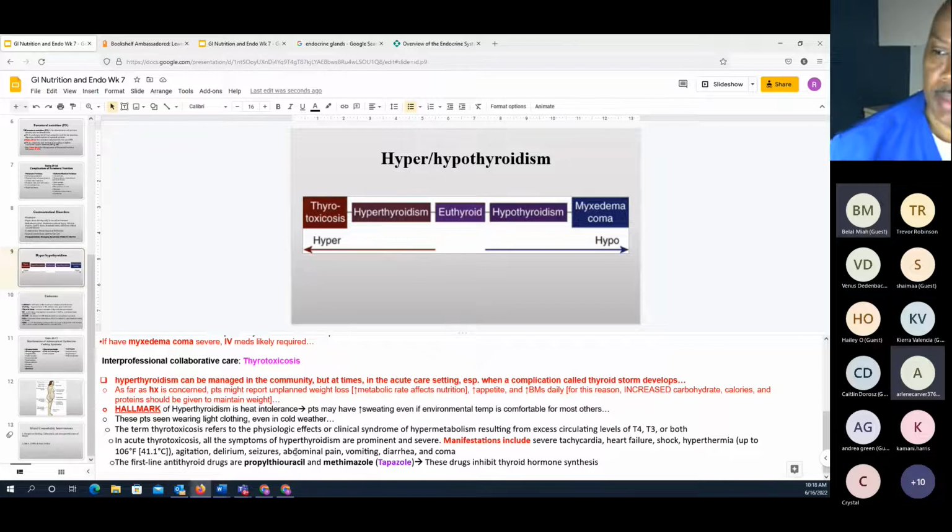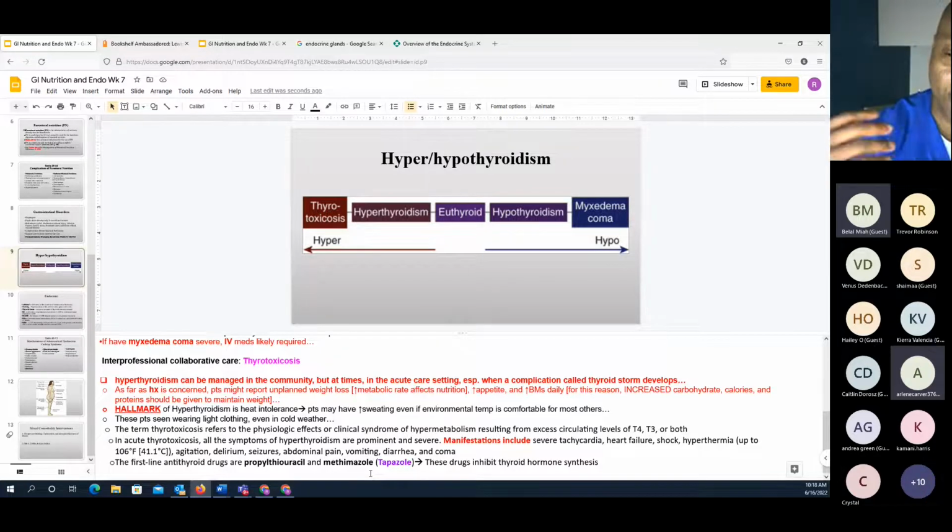Now typically we do manage thyroid conditions in the community, but when these complications occur, then they need to come to the hospital ASAP, because they will die on you.